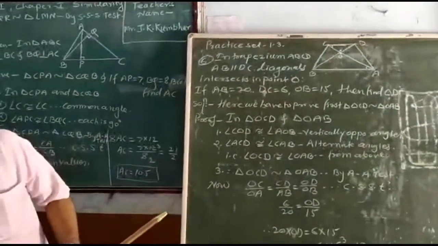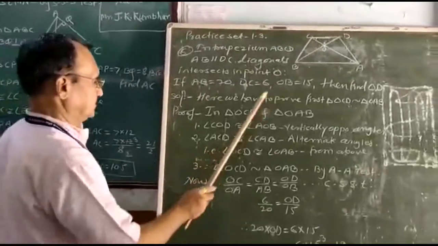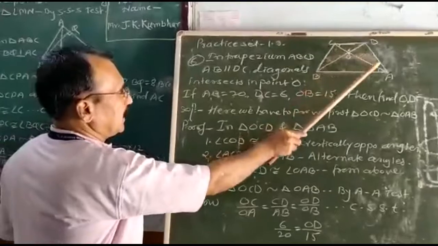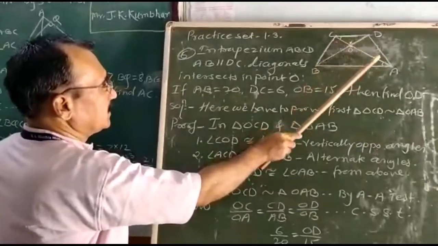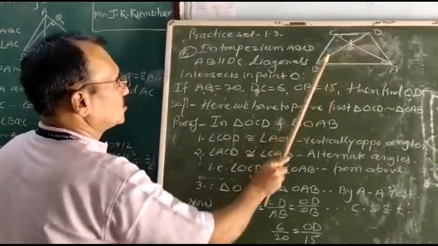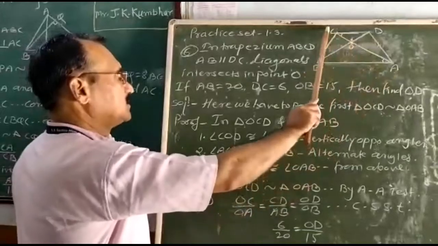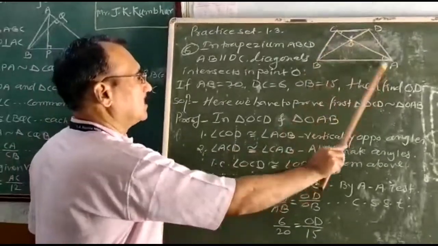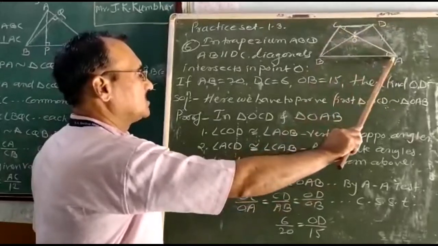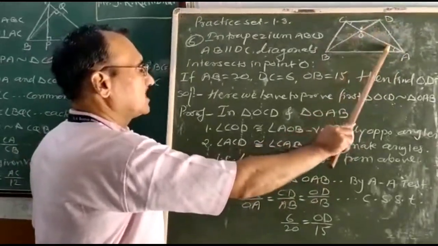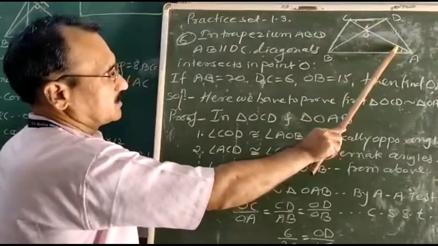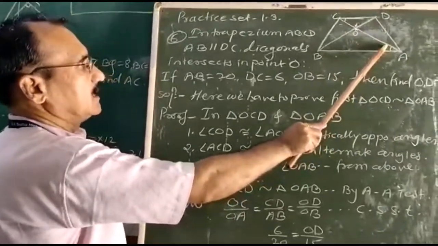Then second, angle ACD, see this figure, this one and this one, these two sides are parallel. This is a transversal. That means these two angles are congruent. By which test? These are the alternate angles you have seen last year in 9th standard.